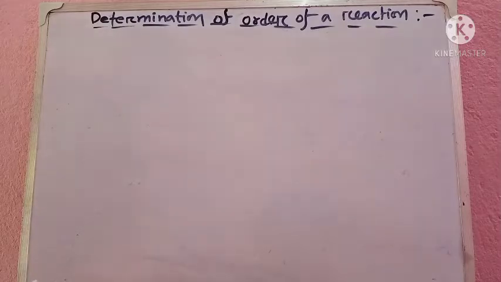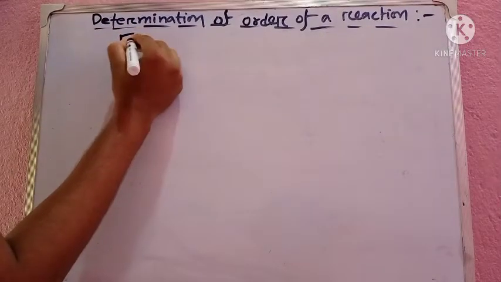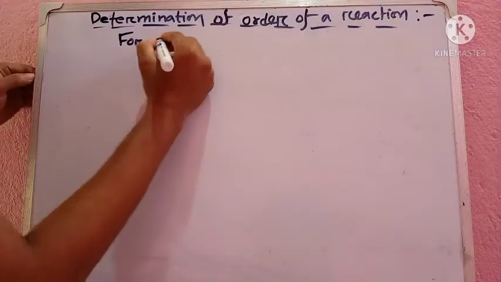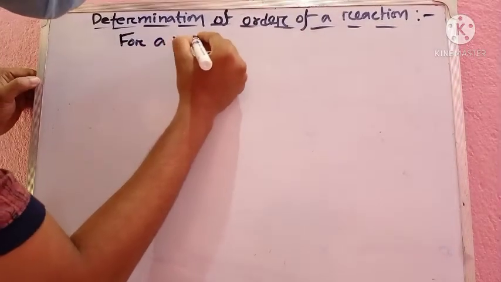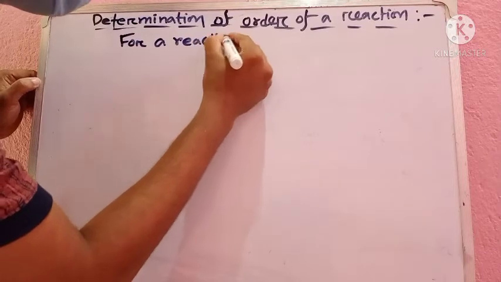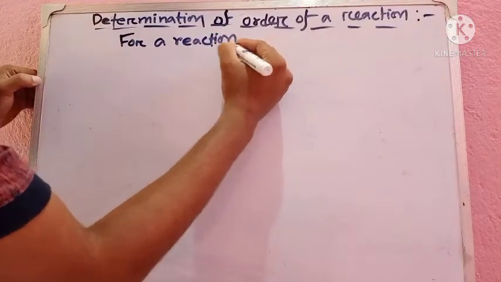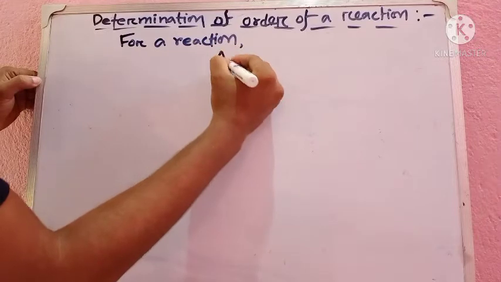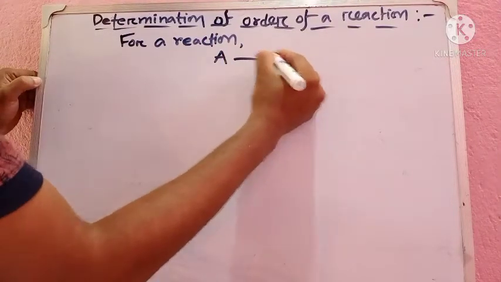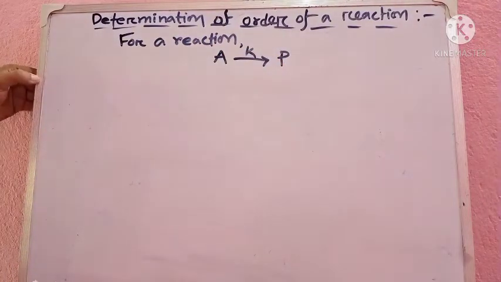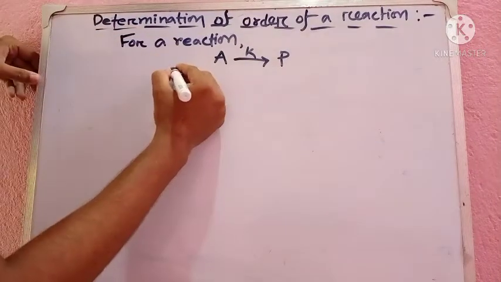In this video, we learn determination of order of a reaction, that is part of the chemical kinetics chapter. Suppose for a reaction A to P, A is the reactant and P is the product and k is the rate constant.